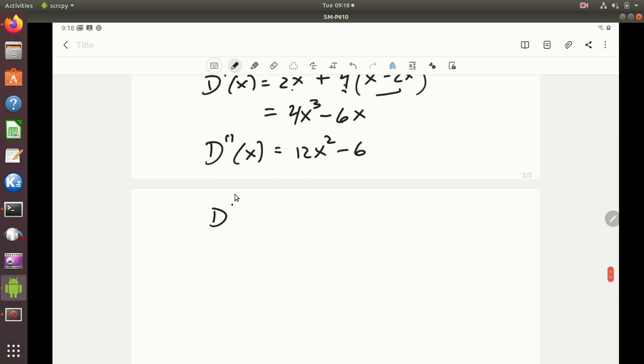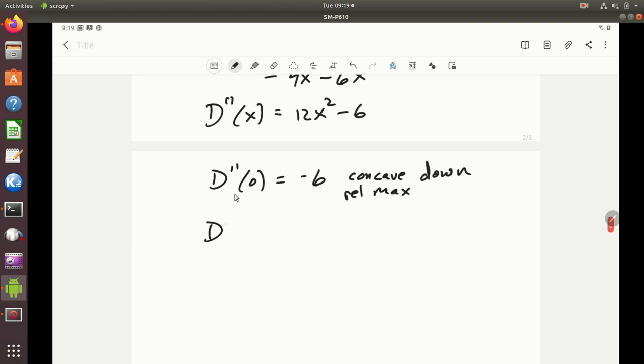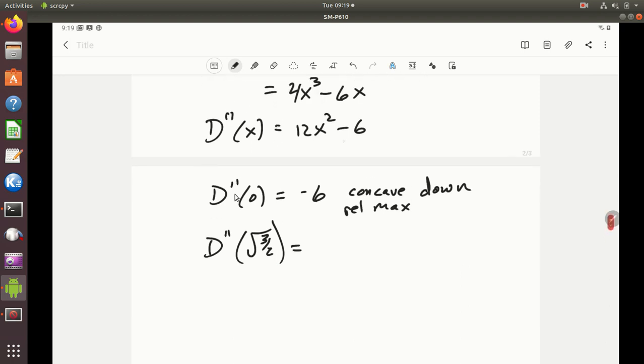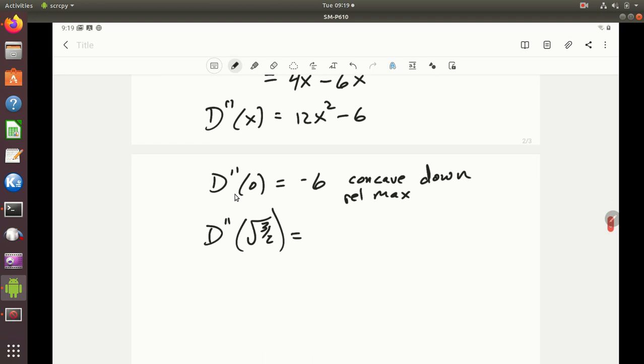So d double prime of 0, one of the critical numbers, is negative 6, concave down, and that's a maximum, right? A relative maximum. So not what we want. And then d double prime of the square root of 3 halves. Now, that's going to be the same as the negative square root of 3 halves, because I'm just squaring the number I put in.